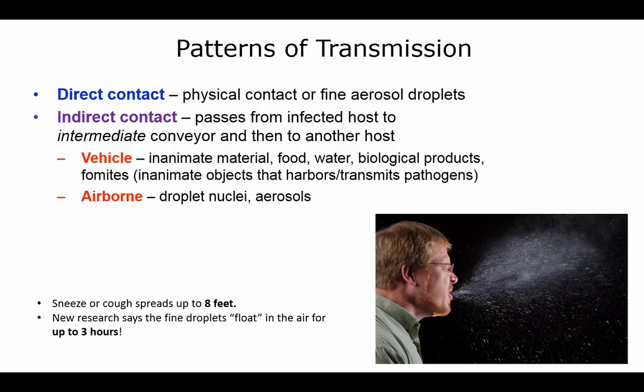And an airborne would be, of course, from a sneeze or a cough. Research shows that fine droplets float in the air up to 3 hours after a sneeze or a cough. That's really scary to think about.